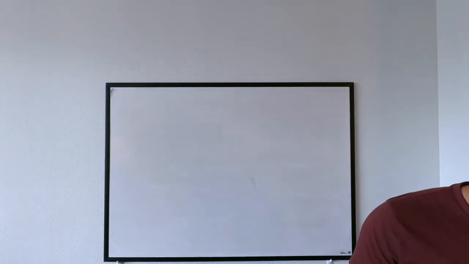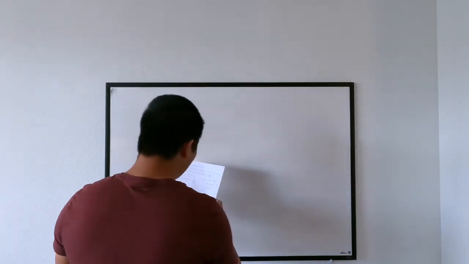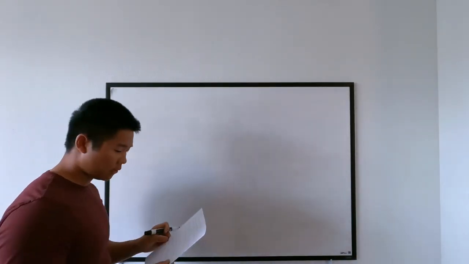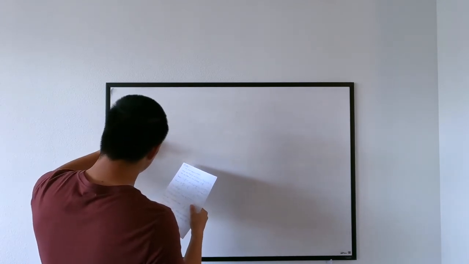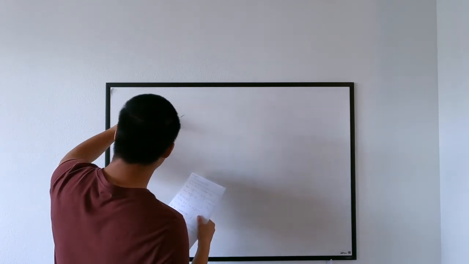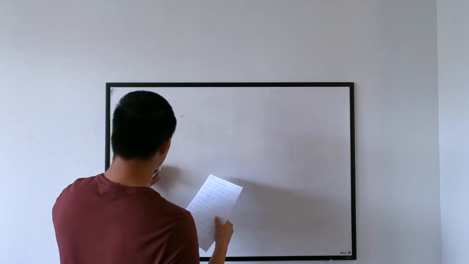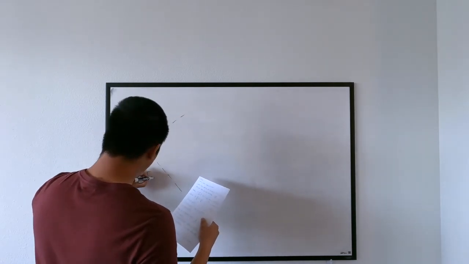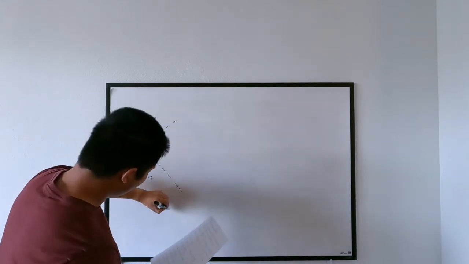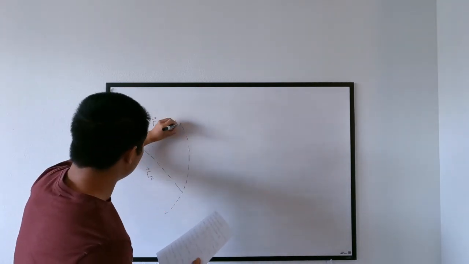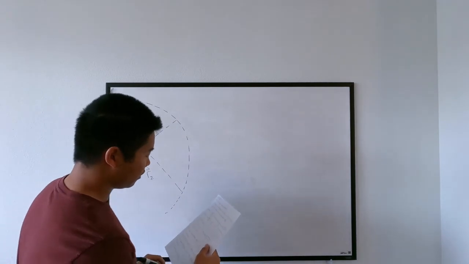So consider a car traversing a turn, okay? Consider a car traversing a turn. It has some sort of R1 and it has an R2, and the R1 and R2 are not necessarily the same. It kind of traverses a turn like this, all right?